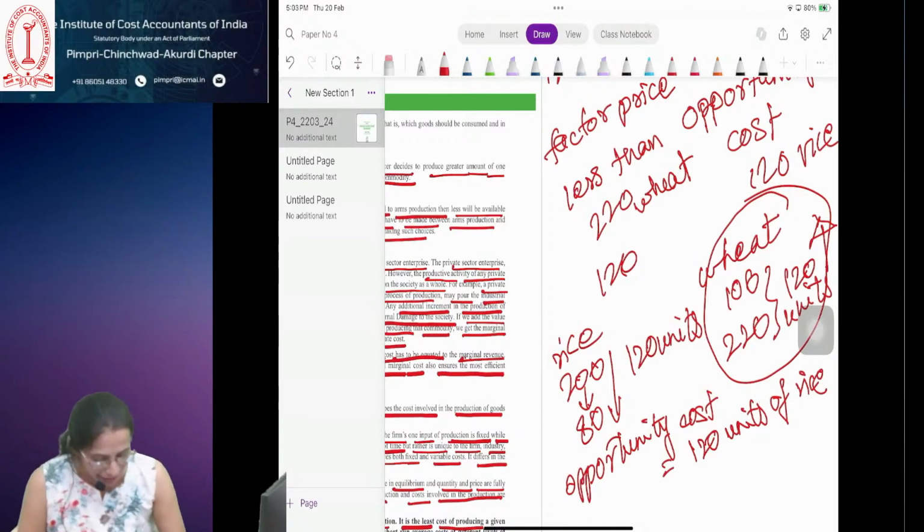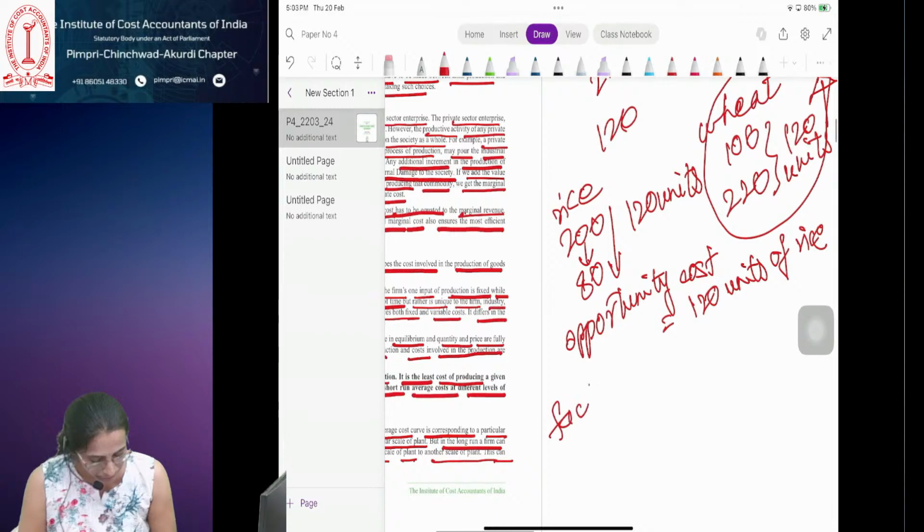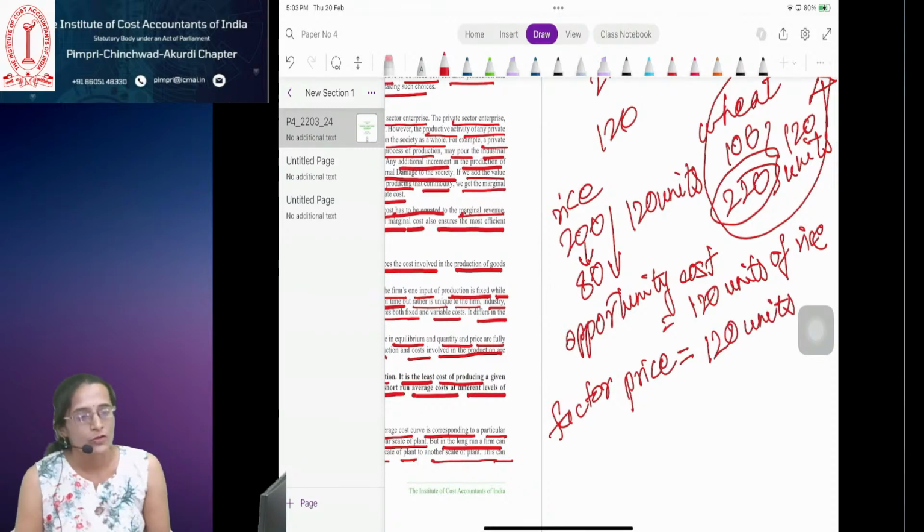Now we want the factor price. The factor is that we are producing wheat here. So what is the factor price? It increased by 120 units. So both are equal, constant. So there is no issue here.